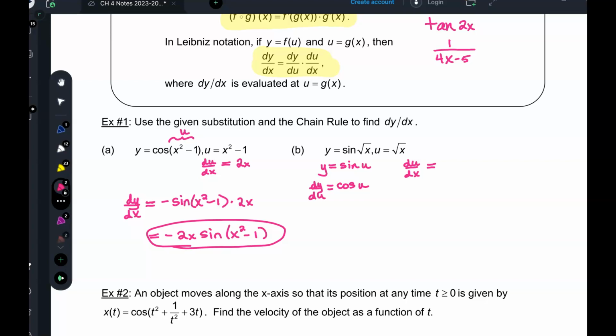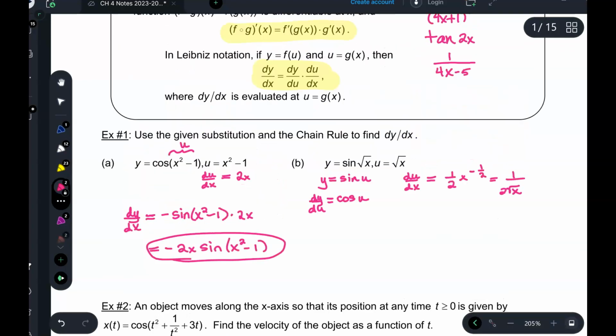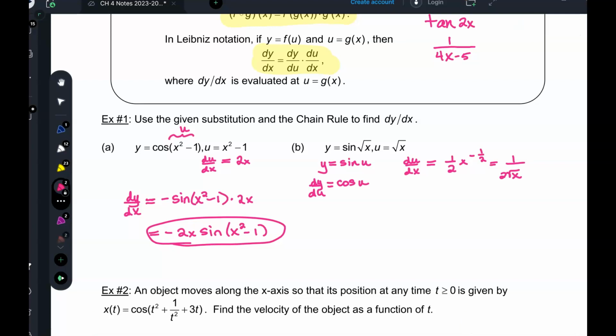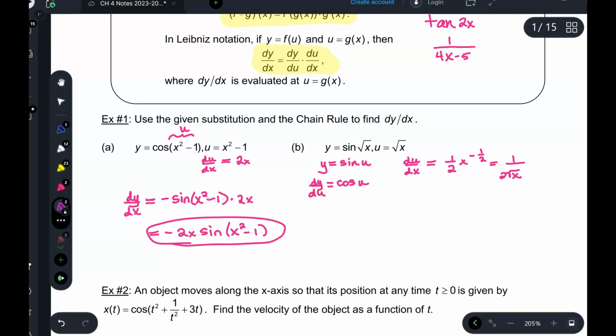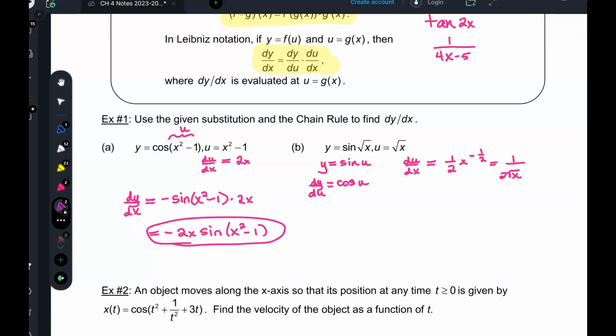What would be du dx? This is x to the 1/2, so it will be 1/2 x to the negative 1/2, or 1 over 2 root x. Okay, let's put it all together now. I don't always use that full notation because I like to just skip to the end part.